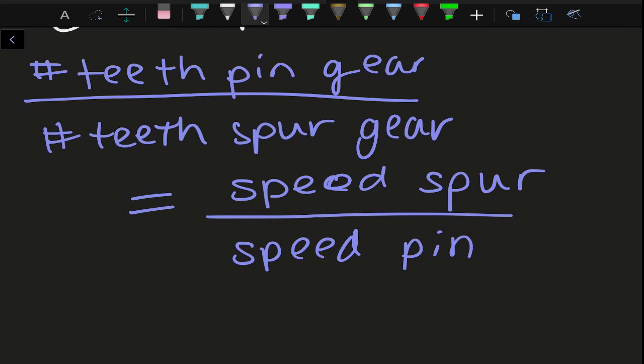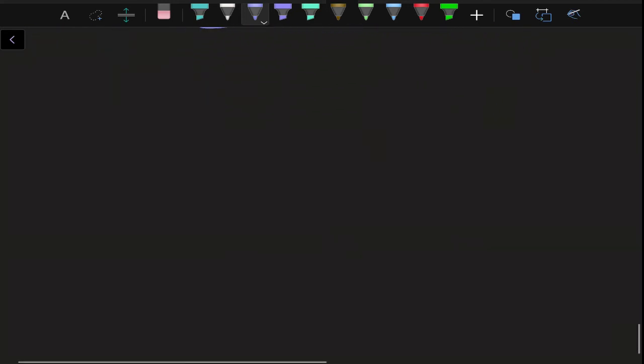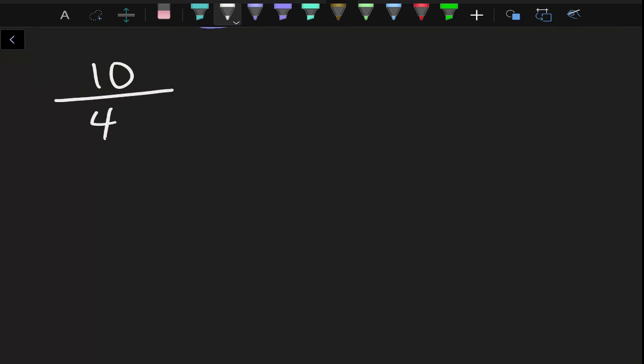And again, what we're looking for is the speed of the pinion gear. We know every other value, so that'll be written as shown. Number of pinion teeth over number of spur teeth is equal to revolutions per minute of the spur over revolutions per minute of the pinion.